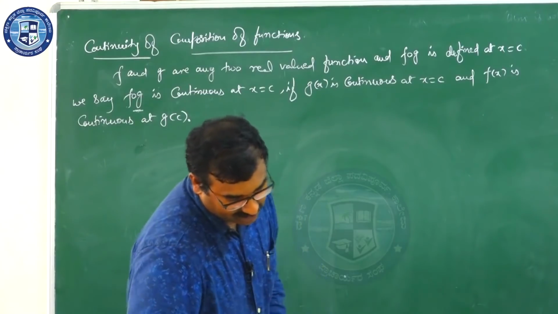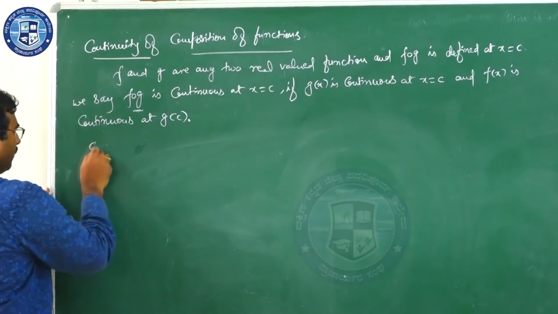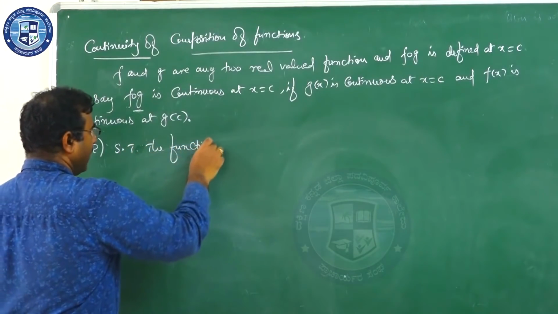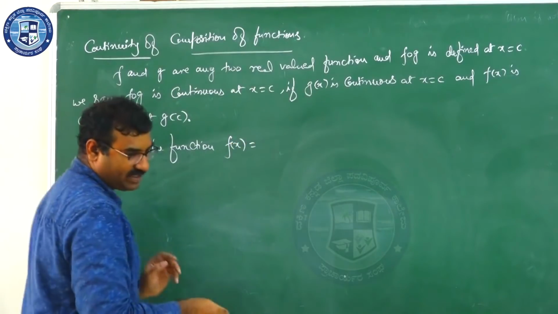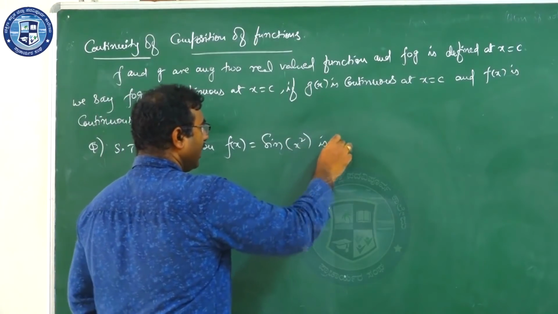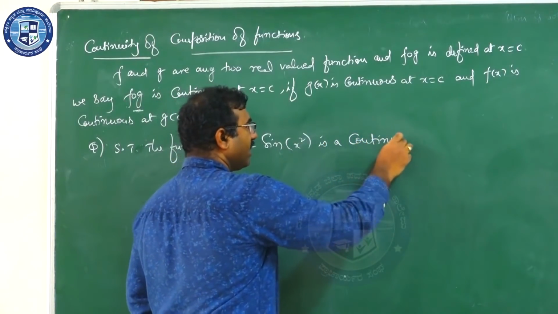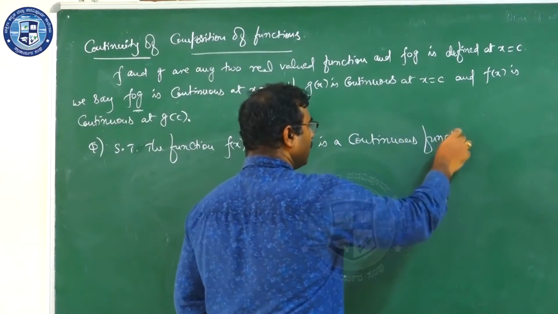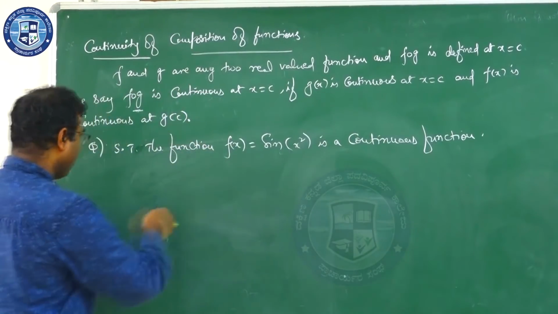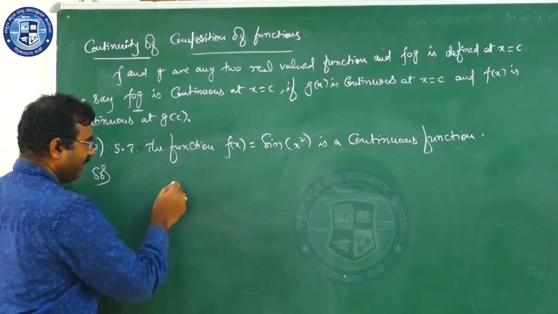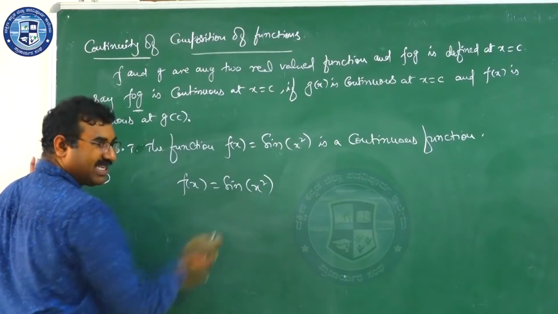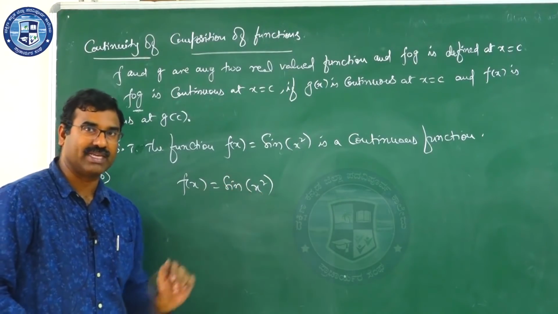So we take a function. Show that the function f of x is equal to sine of x square is a continuous function. Okay, so work on this. You know, when x is real, x square is also real, right?